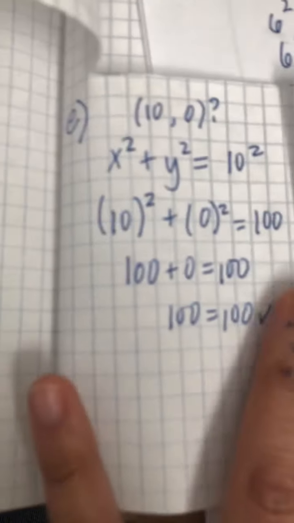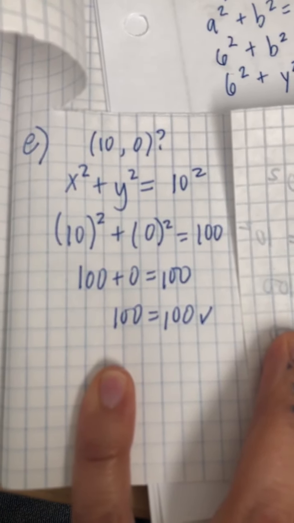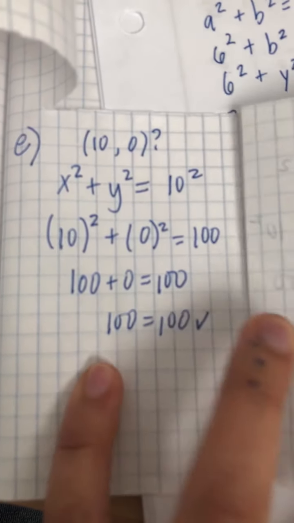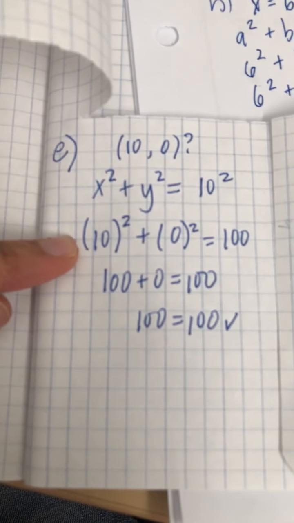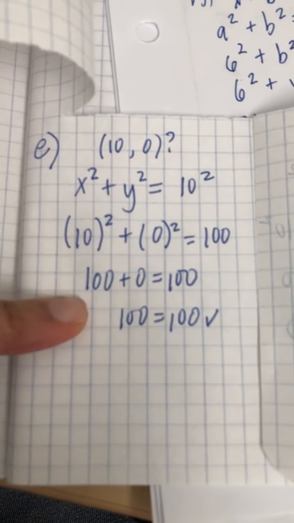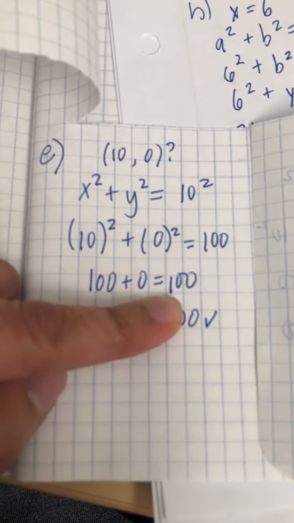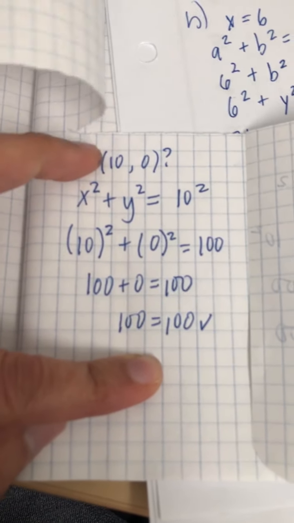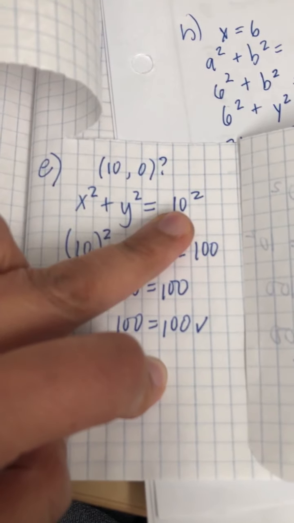If you take a look at the first point we're going to check, (10, 0), you can plug it into the Pythagorean theorem. 10 for one leg, 0 for the other, and then the hypotenuse squared would be 100, and it works out. It checks out that 100 plus 0 equals 100, and so this point is a point on this circle.